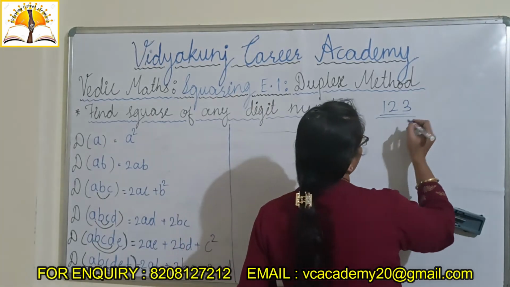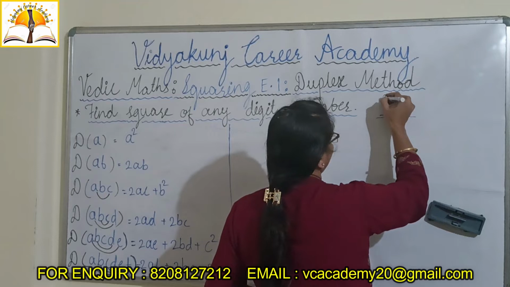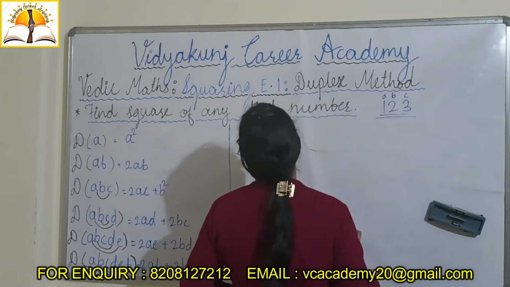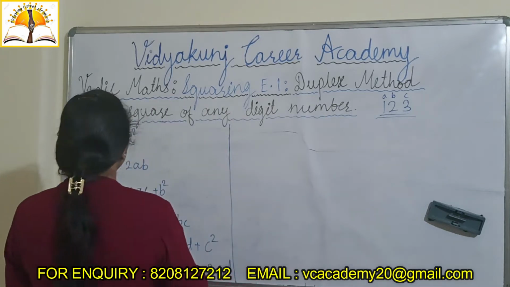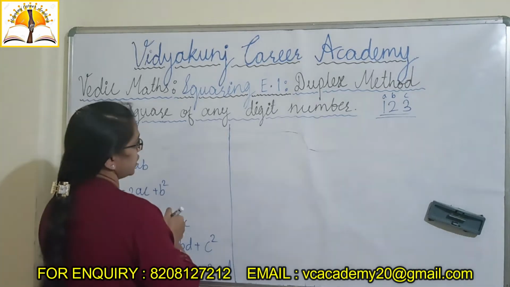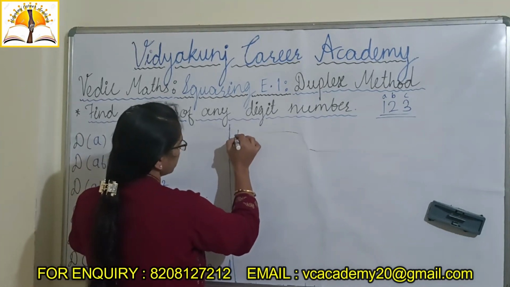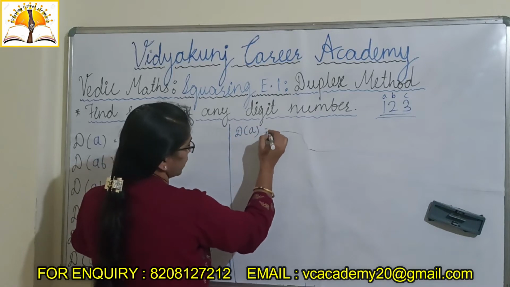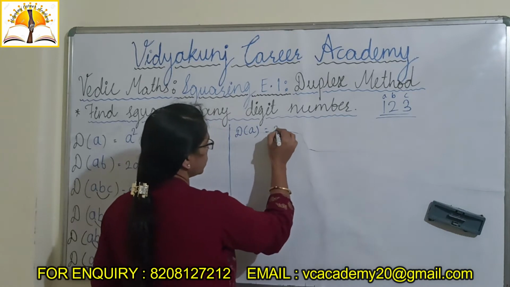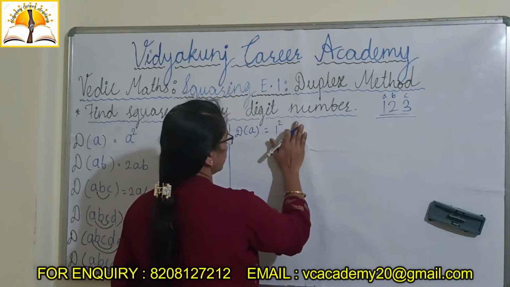In this number, first we have to consider A, B and C. A means 1. 1 square, 1 only. Yes or no?